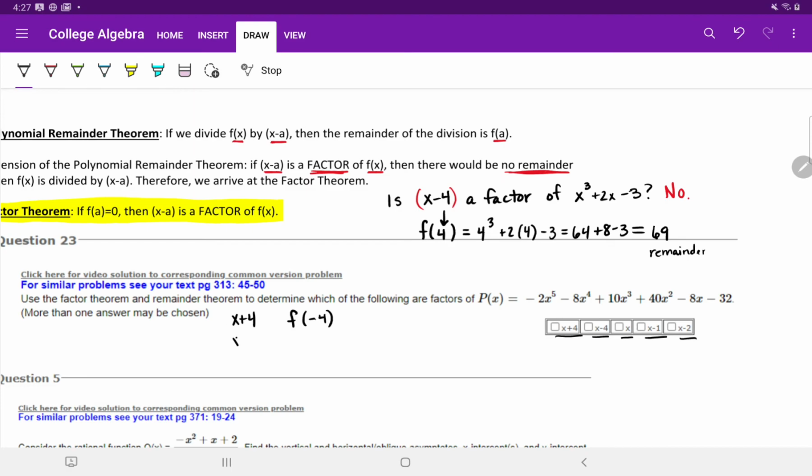And then to test x minus 4, we're going to plug in f of 4. Then to test x, think of that as x plus 0, we're going to test f of 0. Then to test x minus 1, we're going to check f of 1. And finally, x minus 2, we're going to test f of 2.